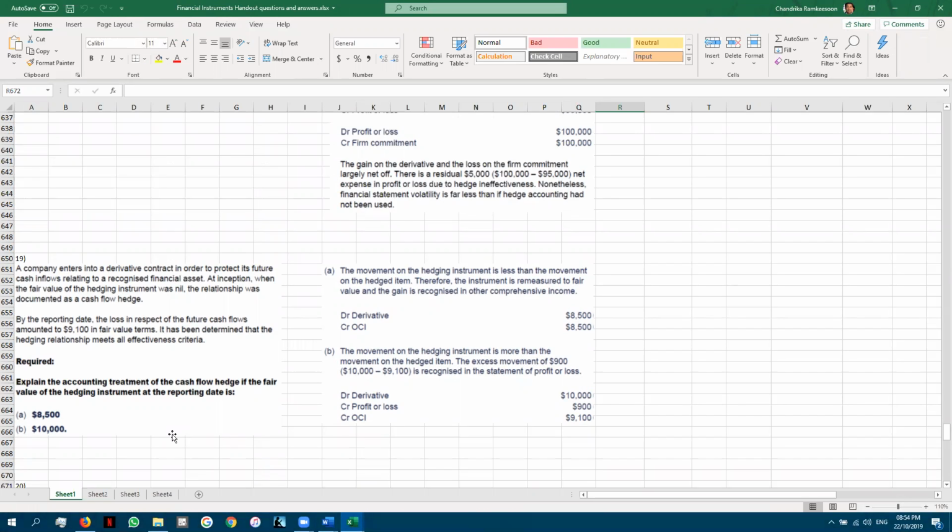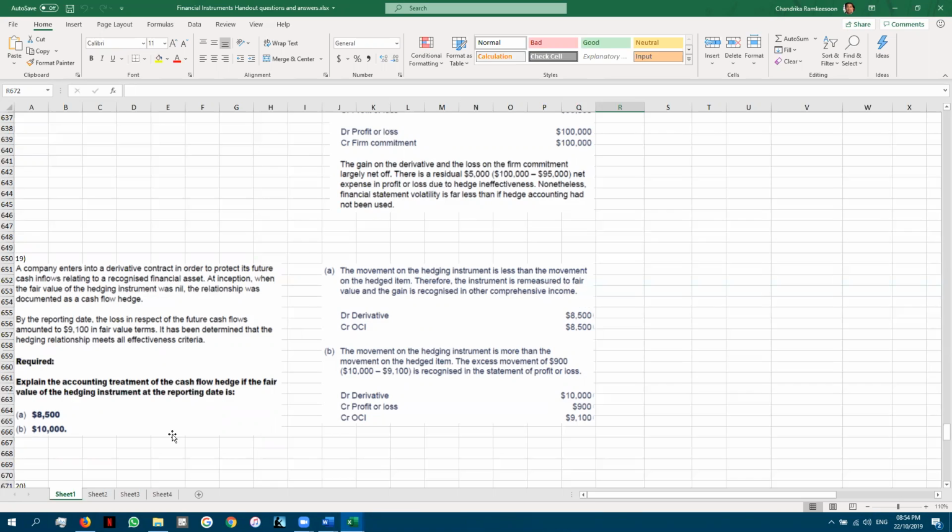Remember, I told you we normally assume that at the start the relationship was documented as a cash flow hedge. By the reporting date, the loss in respect of the future cash flows amounted to 9,100 in fair value terms. It has been determined that the hedging relationship meets all effectiveness criteria.